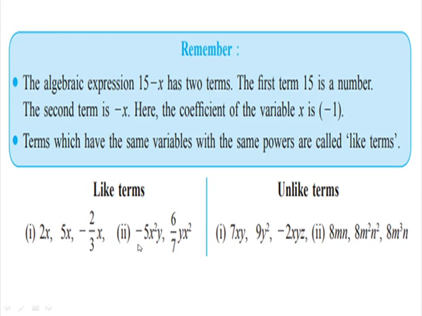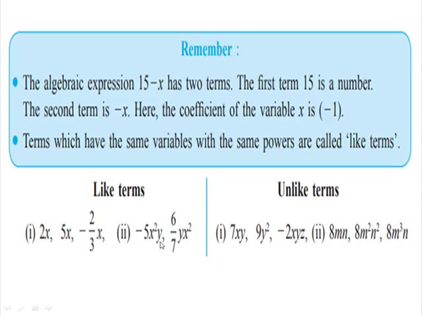Now, if you look at the second example, minus 5 x square y and 6 upon 7 y x square. Again look at the variable part. Here x square, yes, there is x square in this term also, and y multiplied by it. Hence, x square y and y x square are like terms.